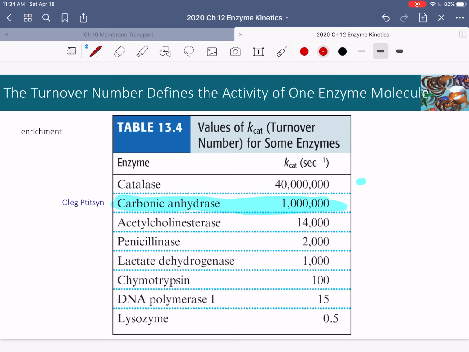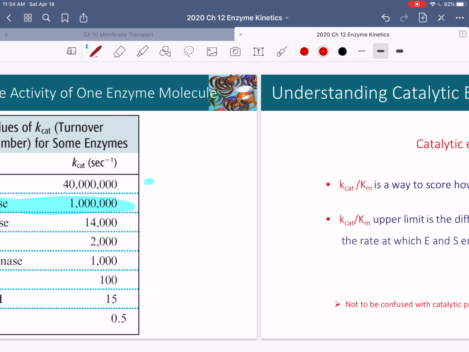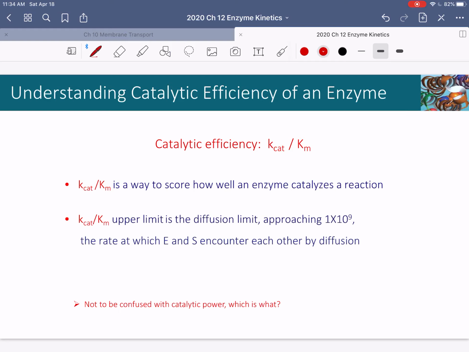So carbonic anhydrase has an excellent Kcat, a crappy Km, but what defines how good an enzyme is, is a combination of these two terms. And that's called catalytic efficiency. Catalytic efficiency is the ratio of Kcat over Km. Now Km, when there is good binding between E and S, you have a small dissociation constant. Since Km is an approximation of a dissociation constant, a small number in the denominator will give you a large catalytic efficiency.